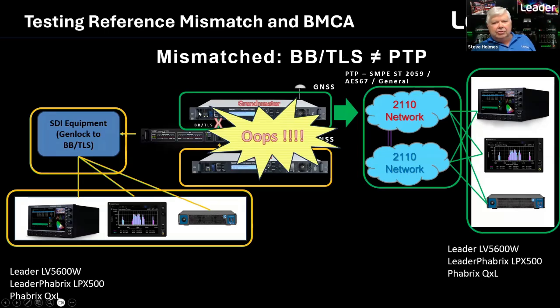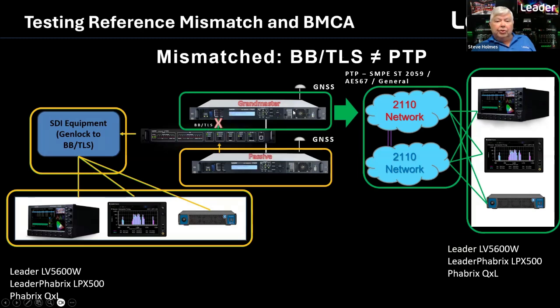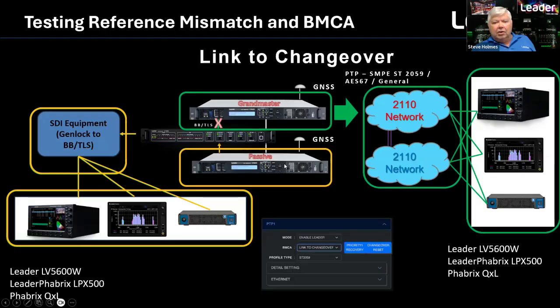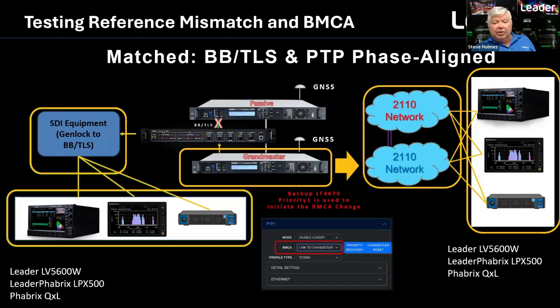We want to be able to force the grandmaster to do a soft walk down to the second grandmaster on the bottom that is in passive state, and make it the grandmaster, which is just a soft walk within the network, just saying, hey, I am now going to take over. We're going to change your status so that you are not better than I am. And the second generator will take over.